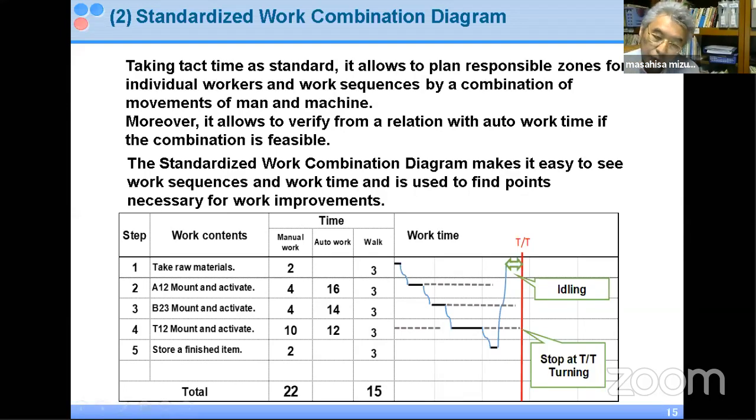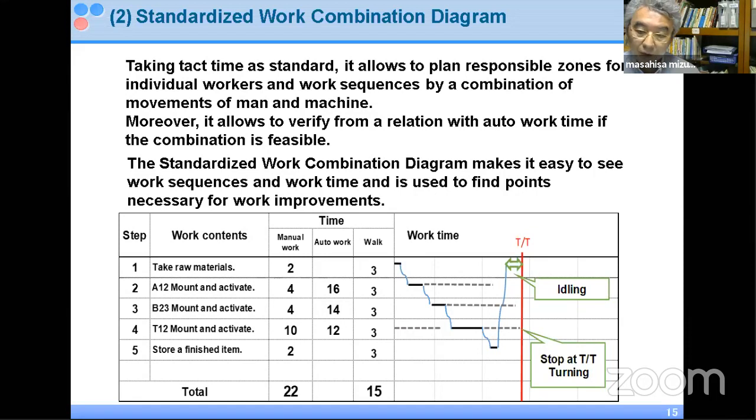By using this combination sheet, within the takt time, you can see visually how many seconds our cycle time is, from left to right. On the upper side, you can see that both are low. It means waiting, idling. How many seconds he has idle. For the next page, okay, please.